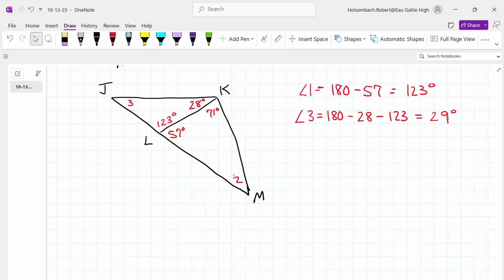And finally, angle 2 down here on the bottom, this angle M, is going to be equal to 180 minus the 57 minus the 71.